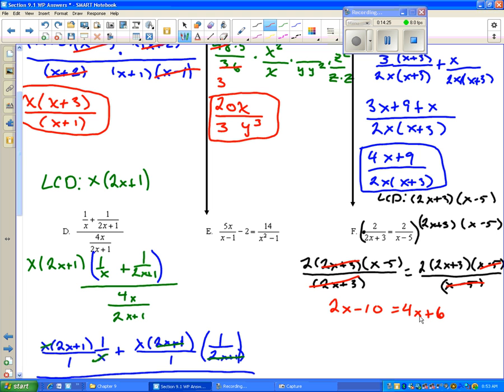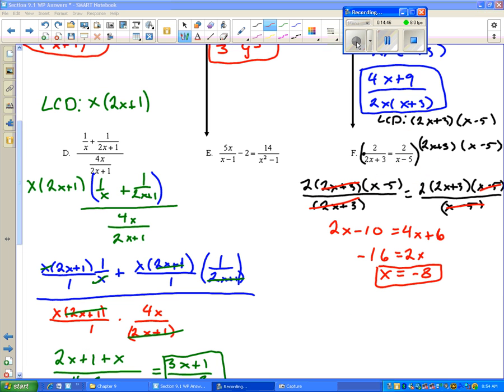Solve for x, subtract the 2x, and I'm going to get 2x. Subtract 6, I'm going to get negative 16 divided by 2. x is equal to negative 8. If I plug that into either of these two equations, I am not going to get 0 in the denominator, so this should be a good answer.